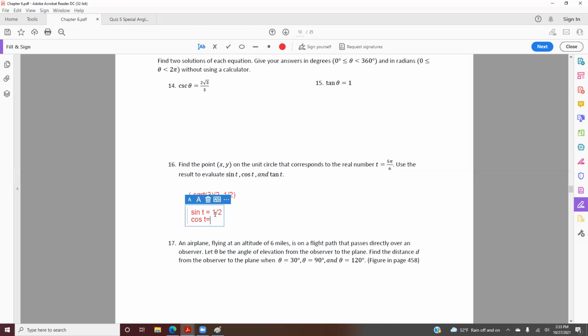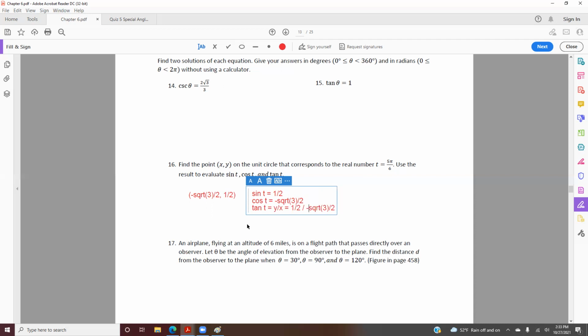1/2. Cosine t is going to be the x value. Yep. Which will be what? Negative square root of 3 over 2. And tangent t, you divide, right? You divide the coordinates, which is y over x. So you take the 1/2 divided by the negative square root of 3 over 2.